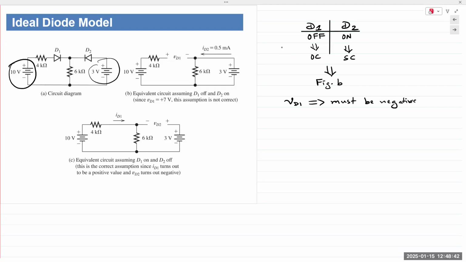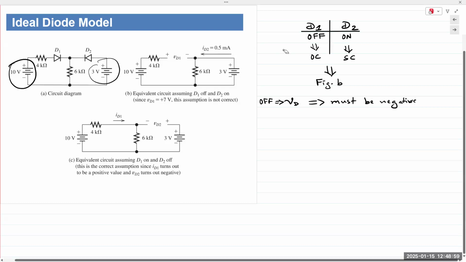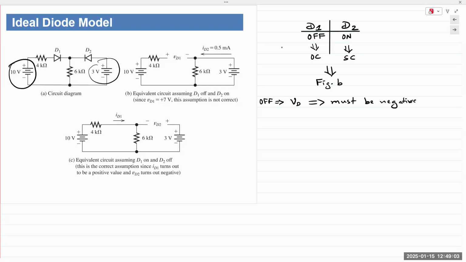So for an on diode, ID must have a positive value. So for an off diode, VD must be negative. And if it's on, ID must be positive.